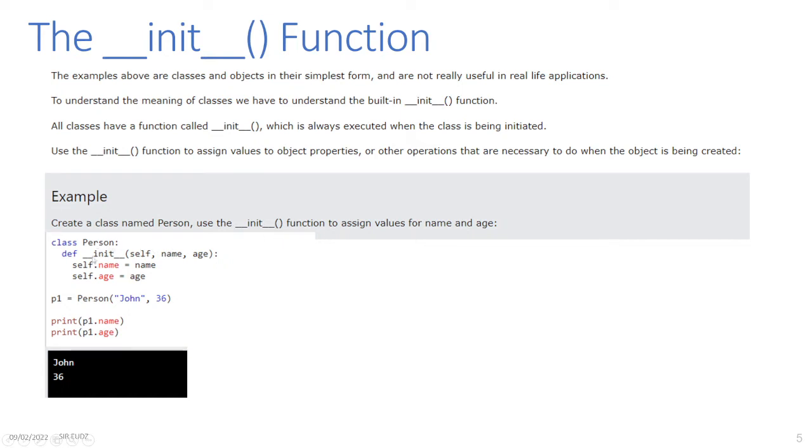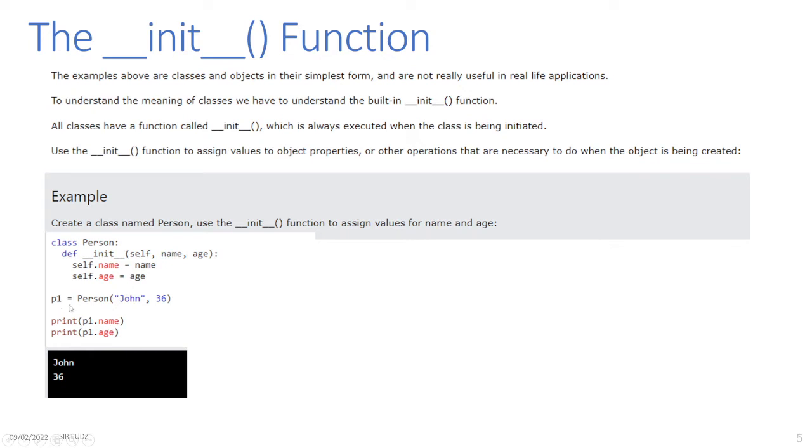So we have class person, and we define the function init, with the parameters self, name, and age. Colon, and then self.name equals name. This will be assigned to the property name, and then age will be assigned to the property age.